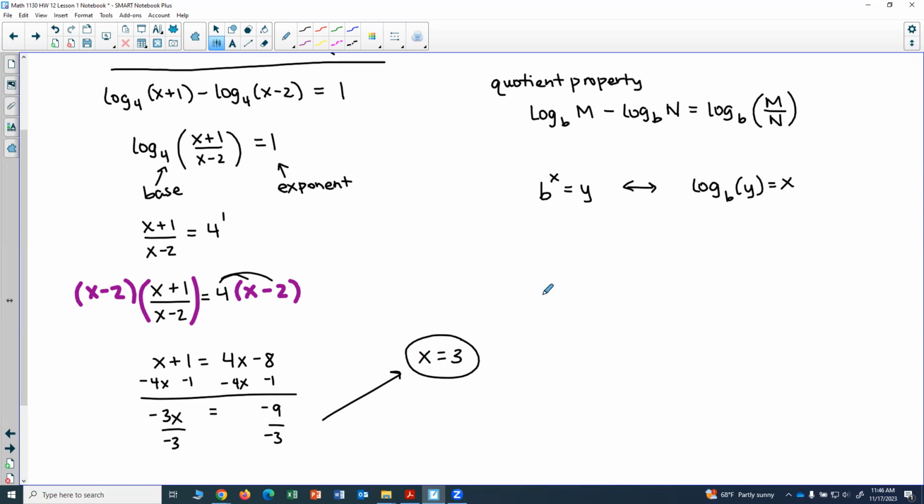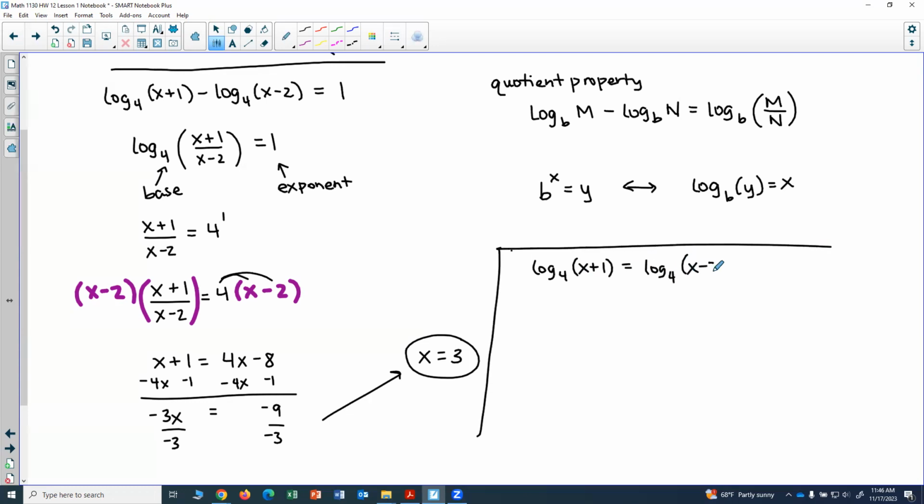Now, if I wanted to check, I could go ahead and plug the 3 in. My original was log base 4 of x plus 1 equals log base 4 of x minus 2 plus 1.